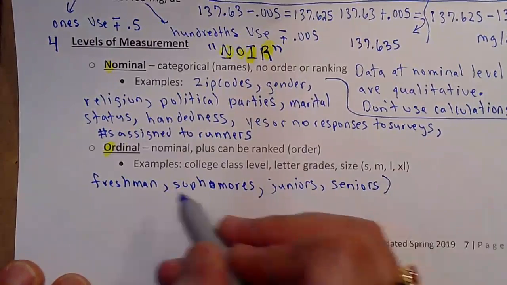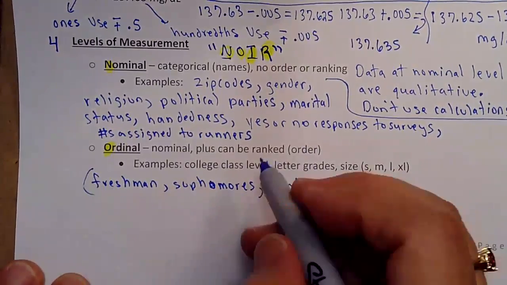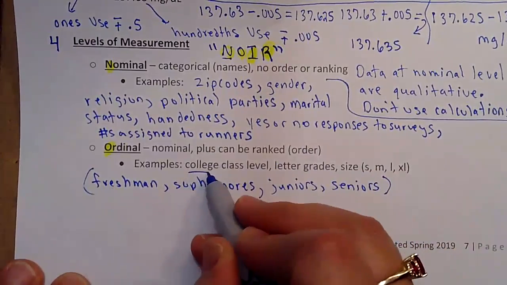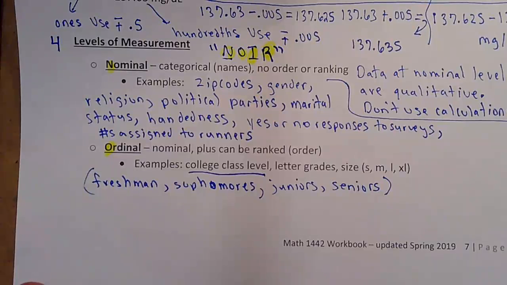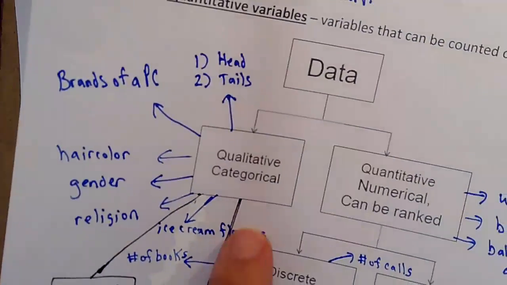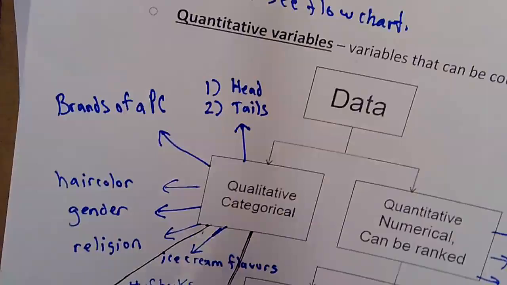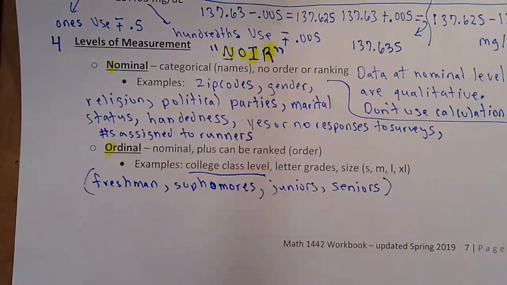Okay. Yeah, so that's like college class level. Because remember, this went back to qualitative. So yeah, it's freshmen, sophomore, junior, seniors. Okay.